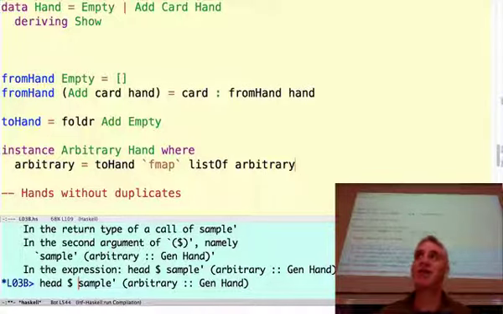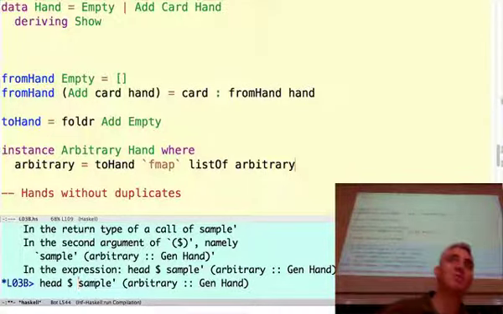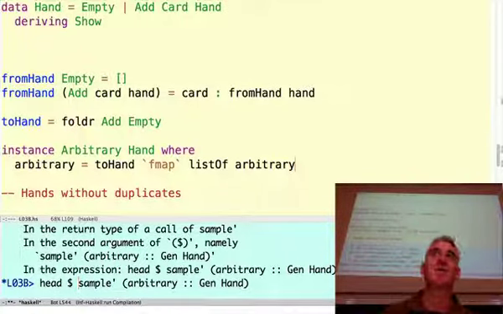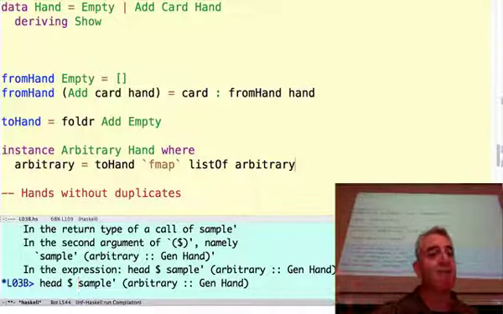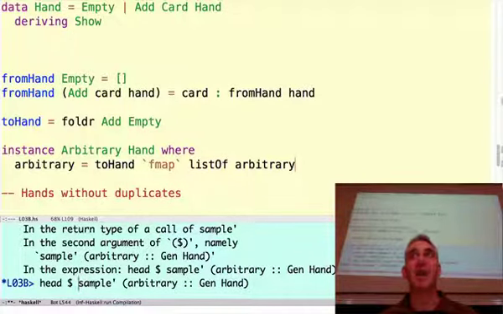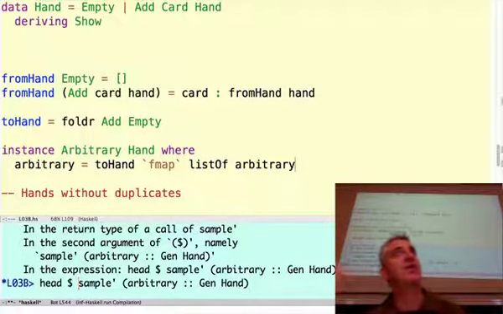Functional programs don't have randomness available. The only way you can get randomness is by interacting with the operating system in some way, getting something from outside. So that's why the type of sample' has IO in it. Because if it's actually going to generate random values, it needs to get the source of randomness from somewhere. And the only way you can do that in a pure functional language is by doing it inside IO.